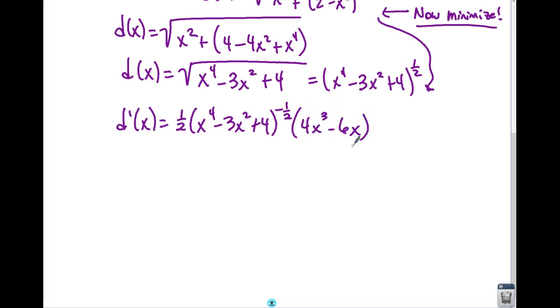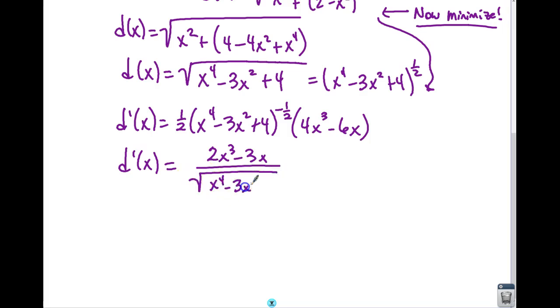Okay, so I have taken the derivative, and I now have the derivative of distance. I'm going to see if I can clean that up a little bit. This 1/2 will reduce both of these terms, so make that 2x cubed minus 3x all over the square root of x to the 4 minus 3x squared plus 4, or you could leave that to the 1/2. Either way is perfectly fine.